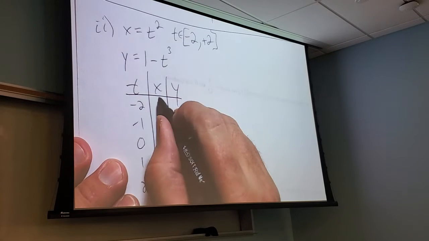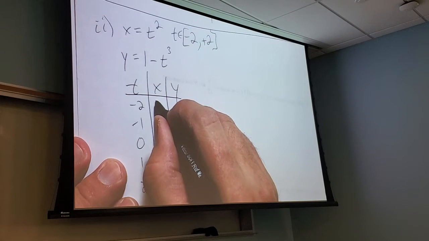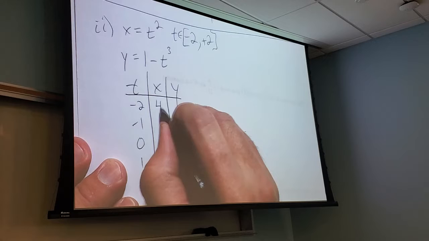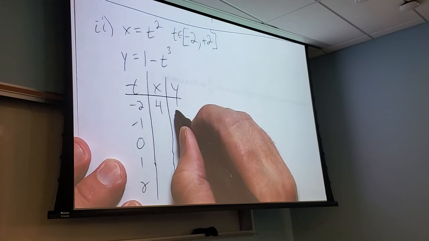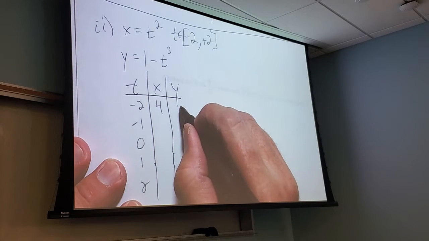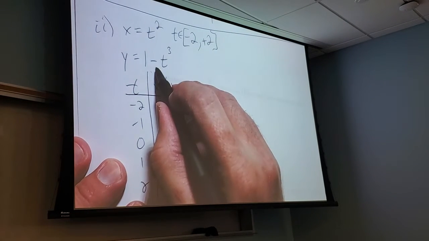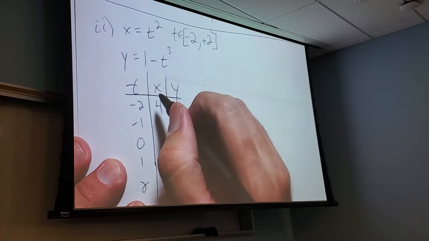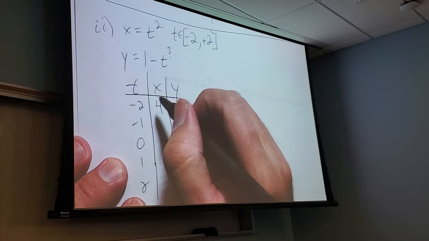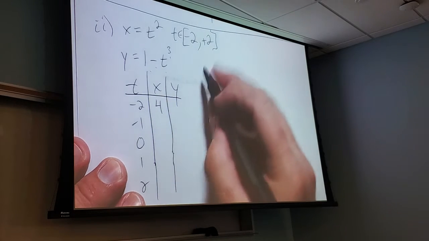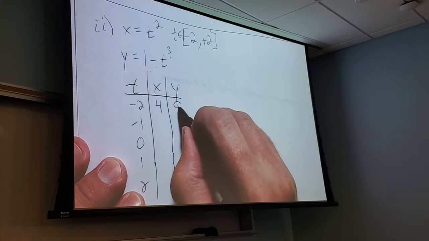So when t is -2, what's x? 4. And what's y? y will be 1 minus (-2) cubed. (-2) cubed is -8. 1 minus -8 is 1 plus 8, 9.